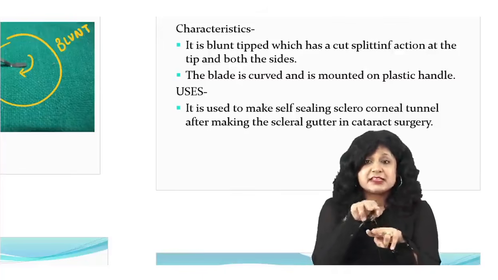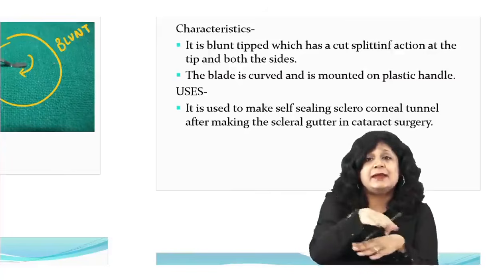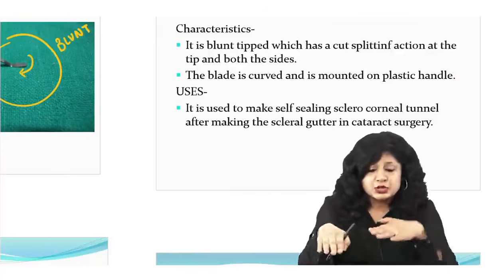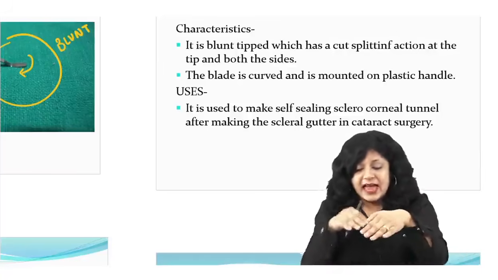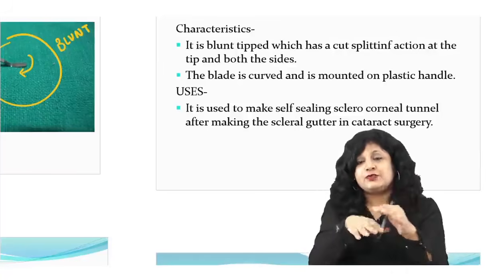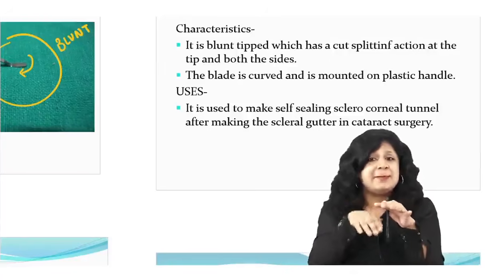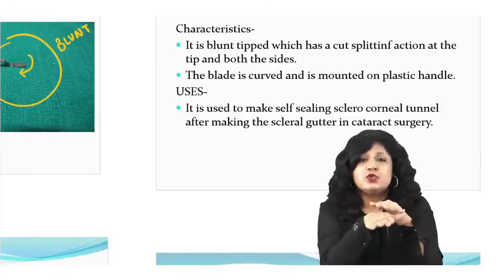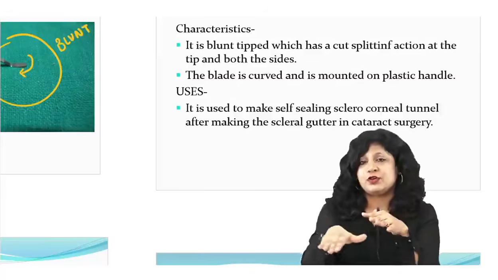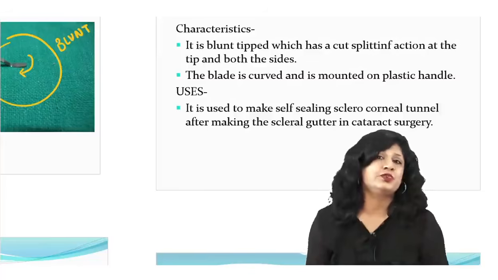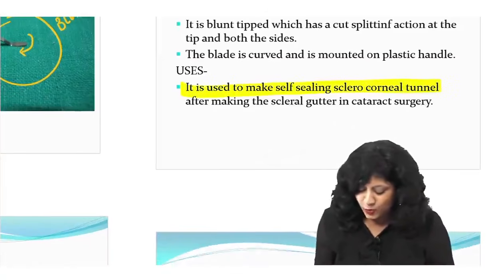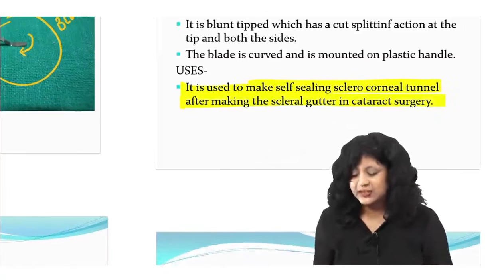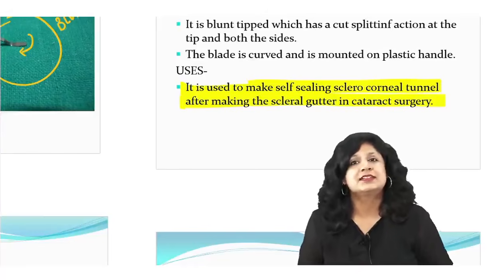So basically this blunt tip will help again in making of a plane. So when you are giving the incision by a blade and then you want to make a tunnel, for the deeper tunnel, for making a plane in cataract surgery, you require a blunt kind of knife. That is the use of this crescent knife, to make the self-healing sclerocorneal tunnels after making the scleral gutters in cataract surgery.